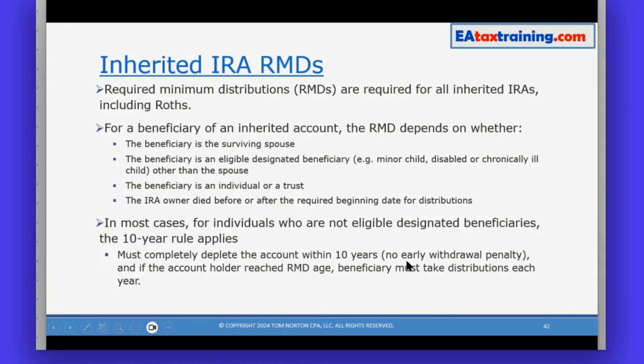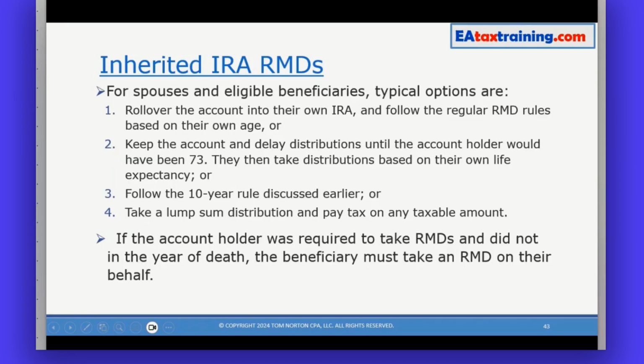There's no early withdrawal penalty. And if the account holder had reached the RMD age, then the beneficiary must be taking distributions each year. But even if they're not taking distributions, that account must be completely depleted within 10 years. So if you are not a spouse or an eligible beneficiary, remember the 10-year rule applies.